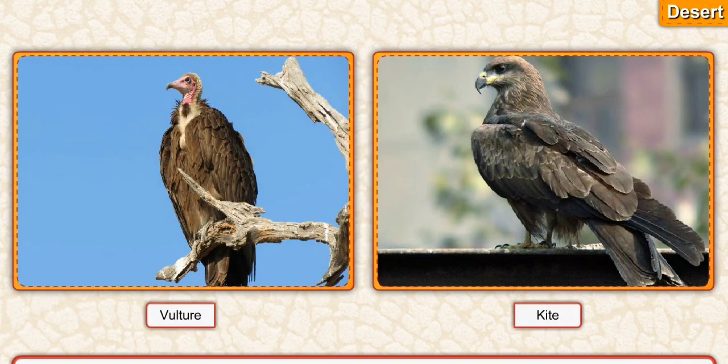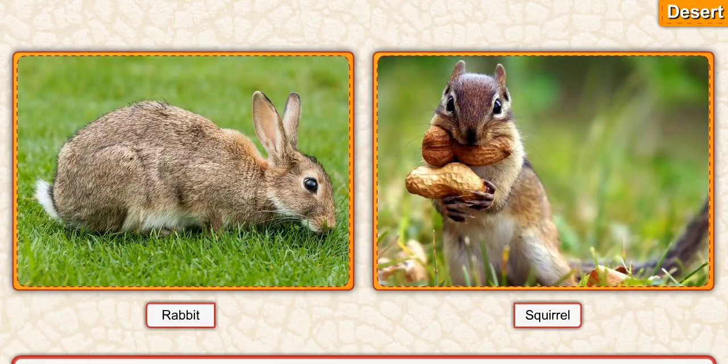Flesh-eating birds like vulture and kite have strong, sharp, and hooked beaks to tear the flesh. They also have sharp claws to catch their prey. Rodents like rabbit and squirrel have sharp front teeth to gnaw seeds and fruits.